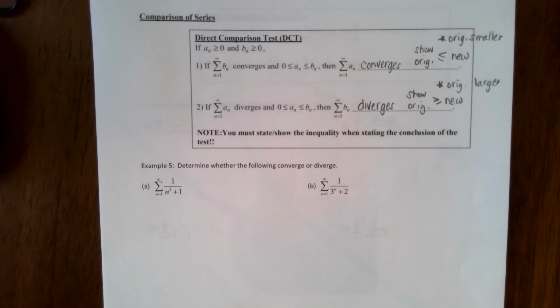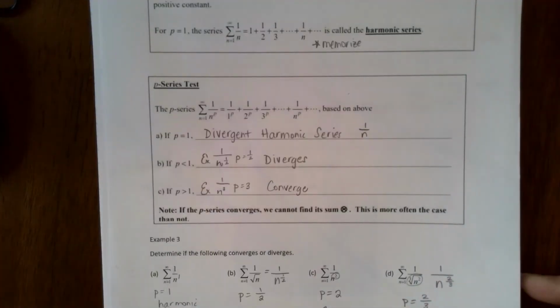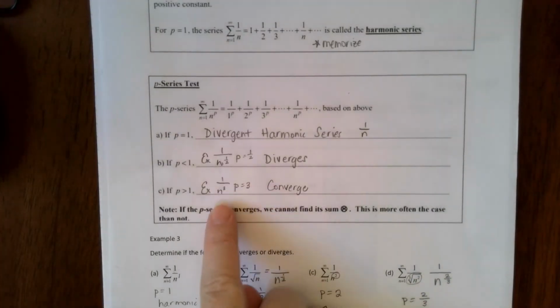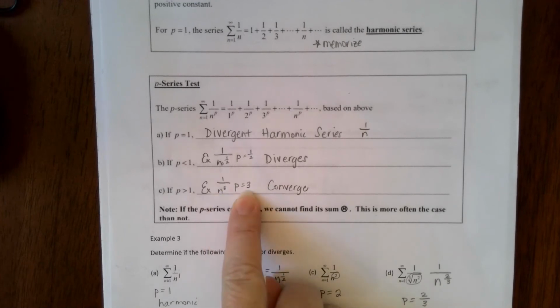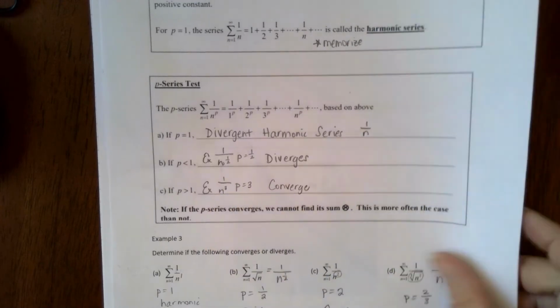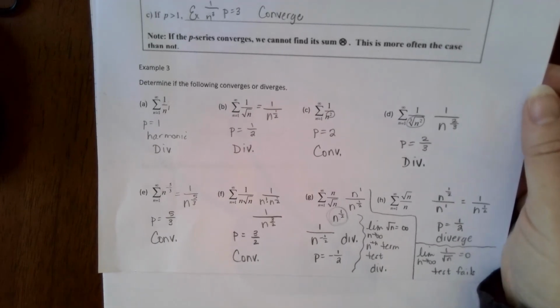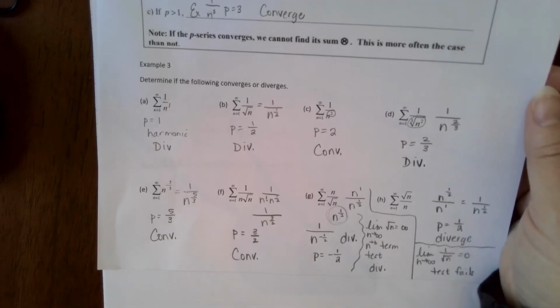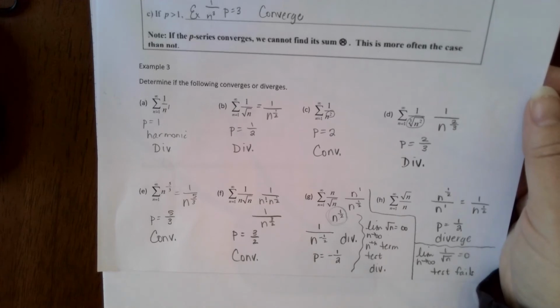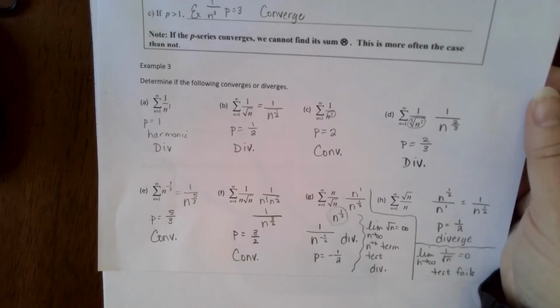Think back to when we were doing p-series, like 1 over n cubed, where p was equal to 3. Notice in all of these p-series problems, I don't have any pluses or minuses, or any numbers being multiplied. There really aren't any numbers in a true p-series.